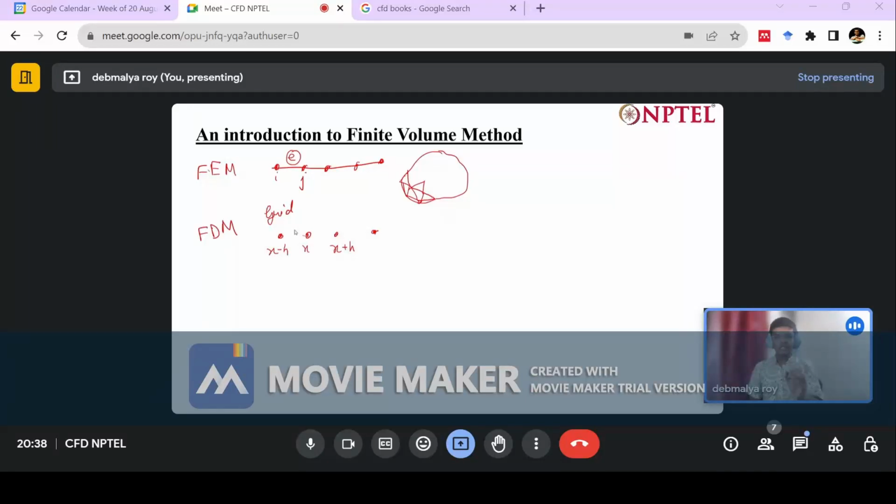And what we use is Taylor series expansion. Here in FEM we use Galerkin's method. In FDM, we use Taylor series.